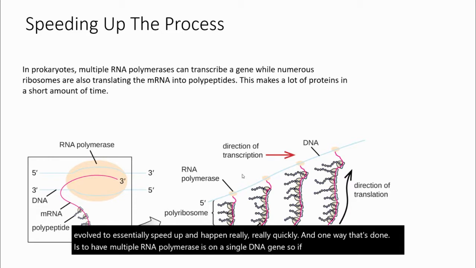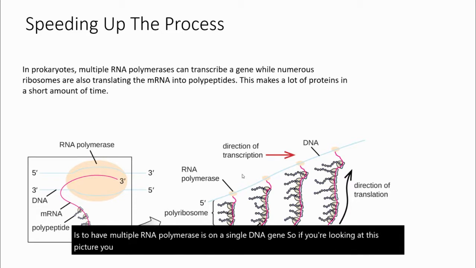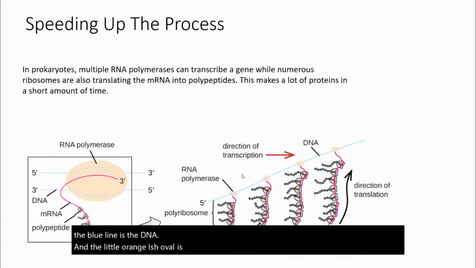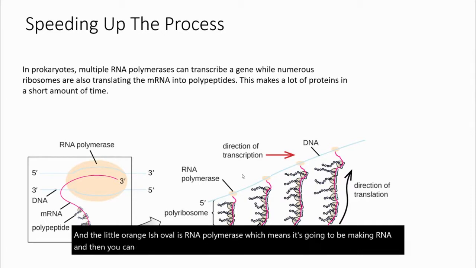So if you're looking at this picture, you can tell on the left, it blows up the whole process. The blue line is the DNA, and the little orangish oval is RNA polymerase, which means it's going to be making RNA. And then you can see the little ribosomes attached to the messenger RNA.